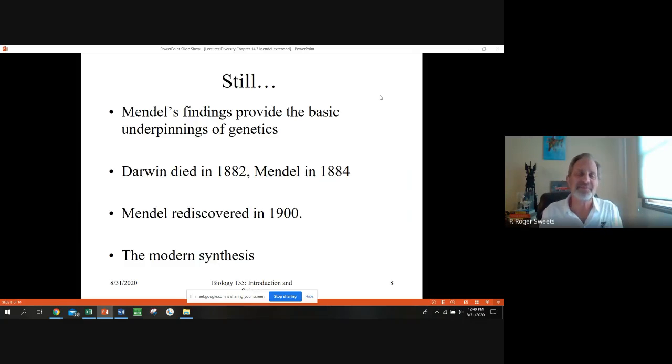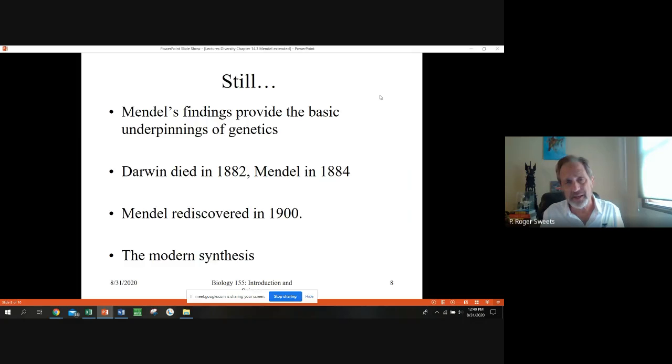And in fact, people started to repeat things like this, not because they read Mendel, but they started to think along these same lines, still doing these experiments, watching inheritance traits, and they were starting to publish things that were sort of similar, and still, by the way, didn't really understand it. Then Mendel was rediscovered, and that was about 1900. And of course, both Darwin and Mendel were gone by that time.